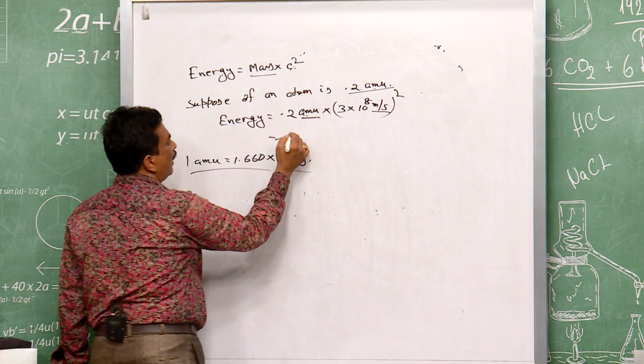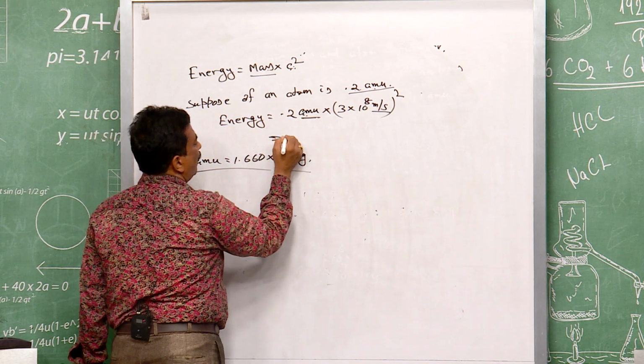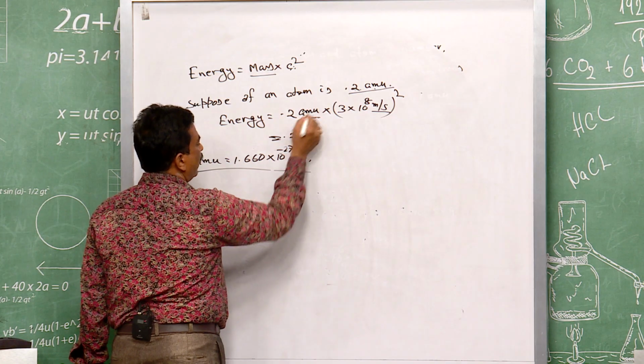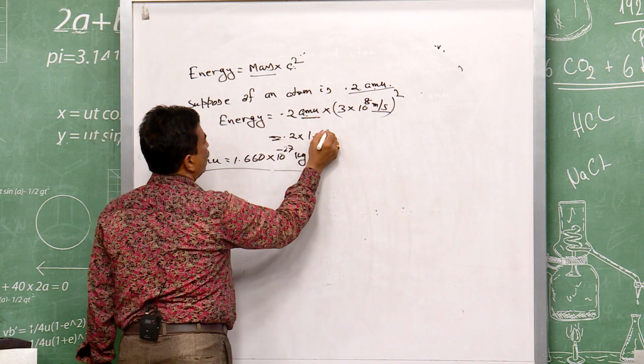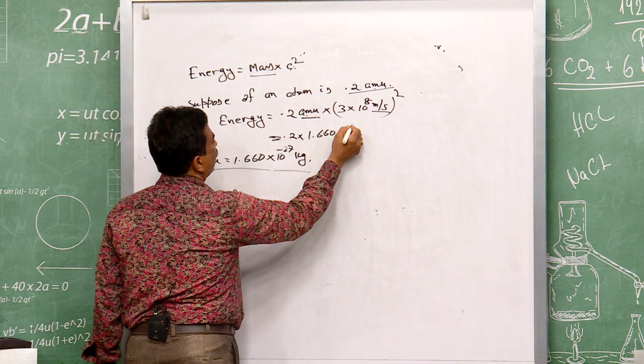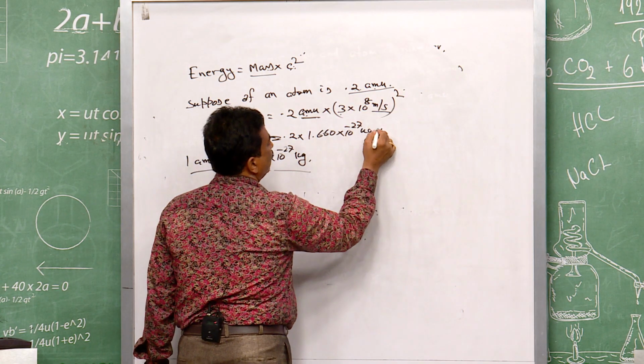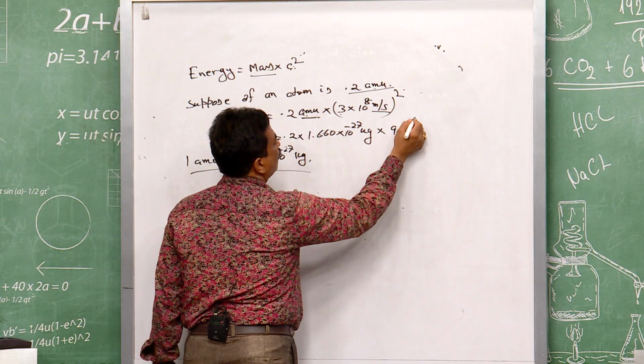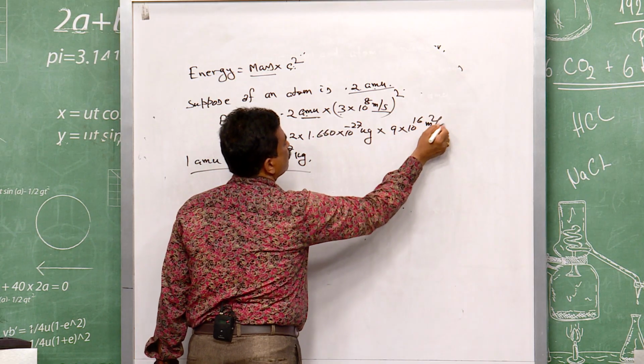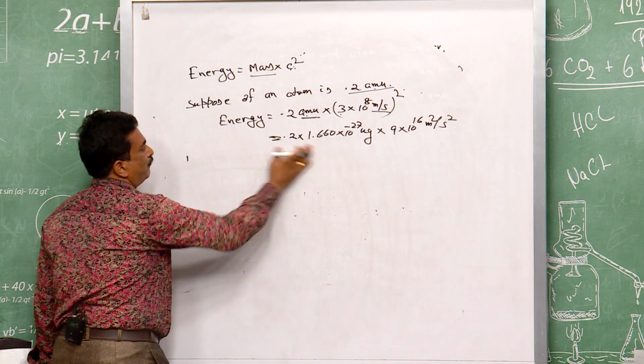So 0.2 amu means 0.2 into 1.660 into 10 to the power of minus 27 kg, into this square. This square means 9 into 10 to the power of 16 meter squared per second squared.